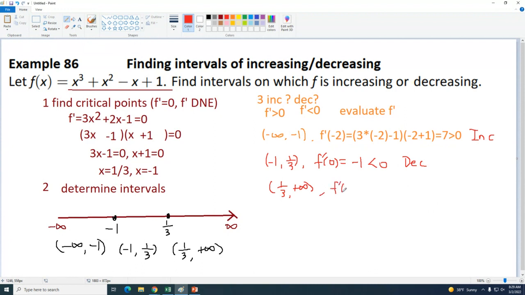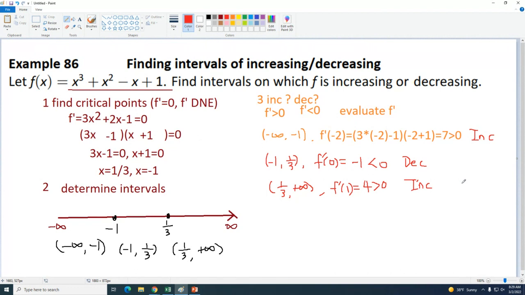Let's calculate at 1, which is between 1/3 and positive infinity. At 1, it's 3 plus 2 minus 1, which is 4. It's positive, so that's how we know it's increasing on the third interval. Any questions?